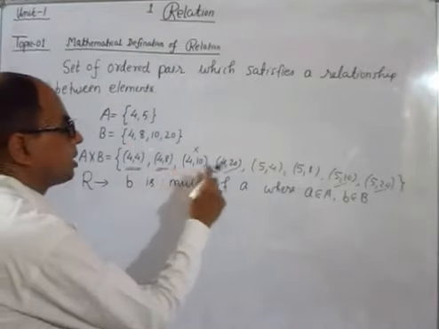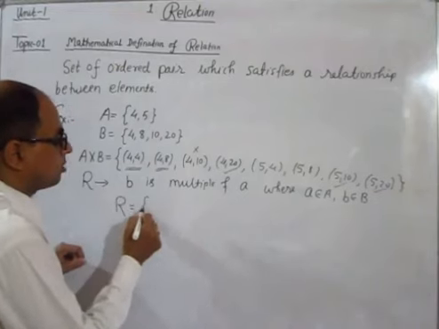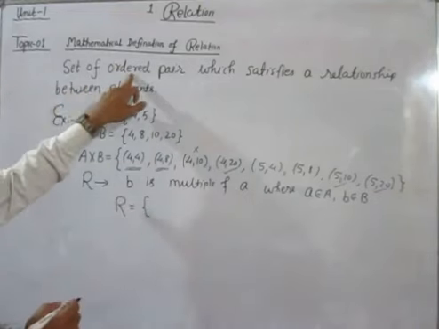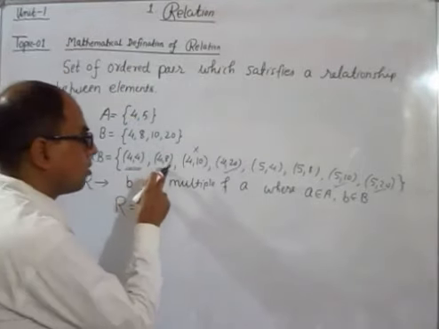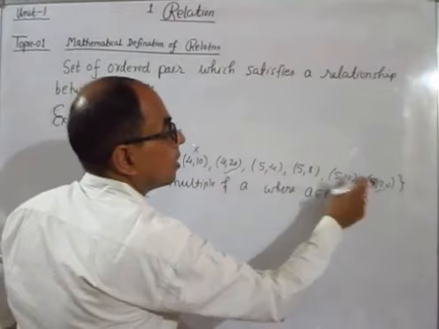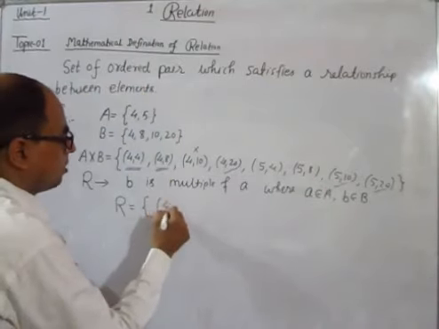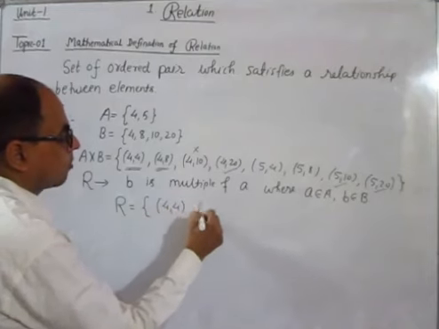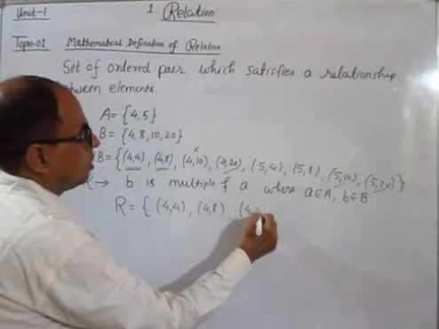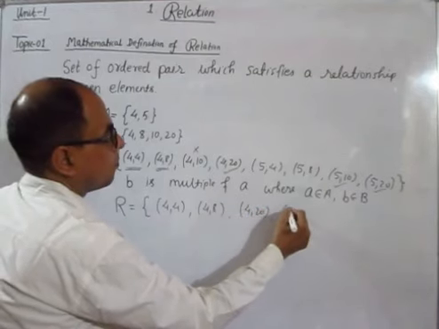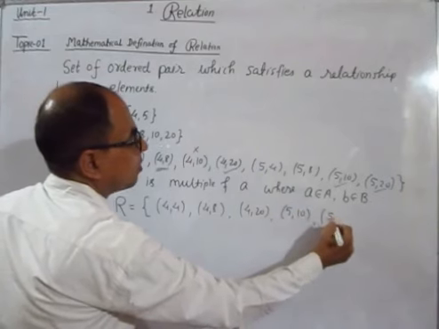So this and this. So we can say that R is what we have written, a set of ordered pairs which satisfy a relationship. So these ordered pairs satisfy this given relationship. So write these ordered pairs here: 4 4, 4 8, 4 20, 5 10 and 5 20.